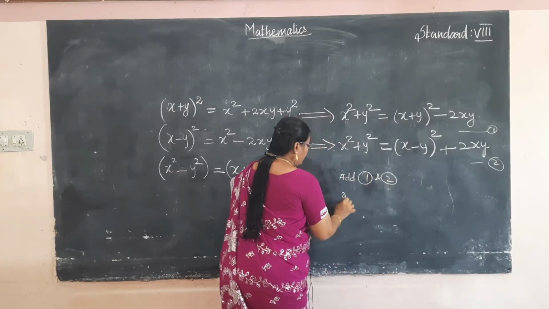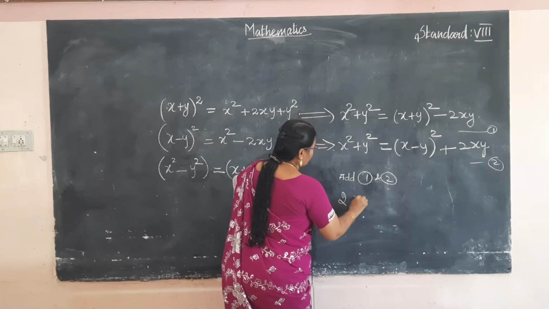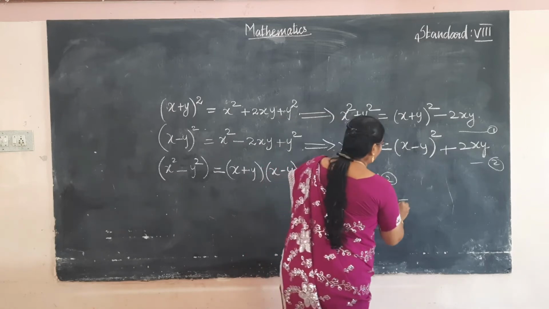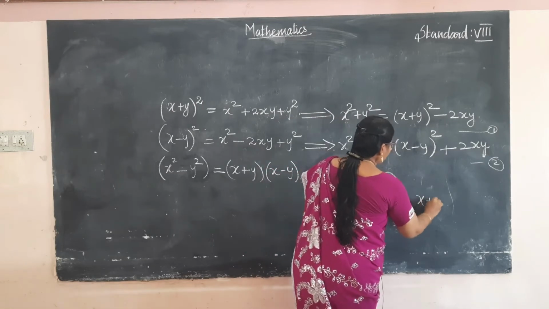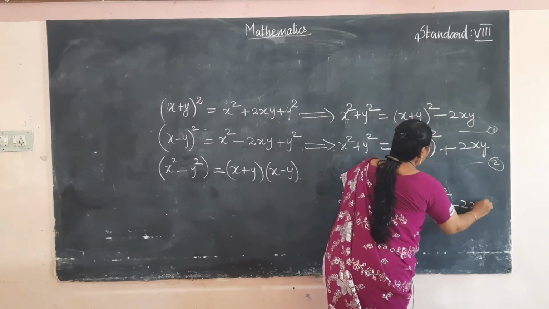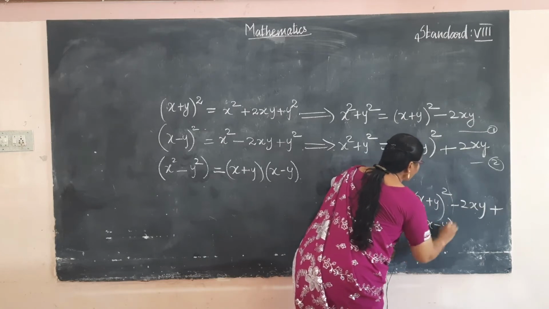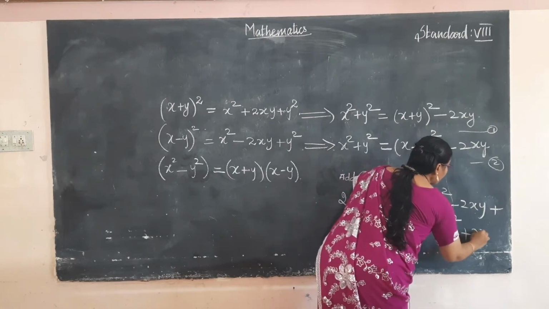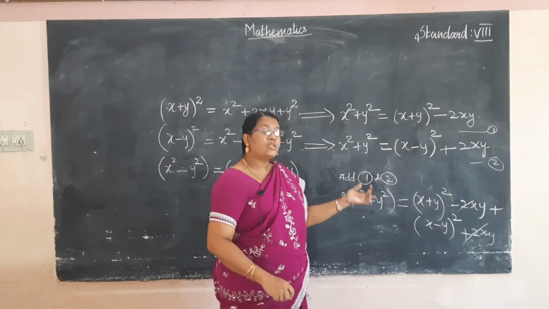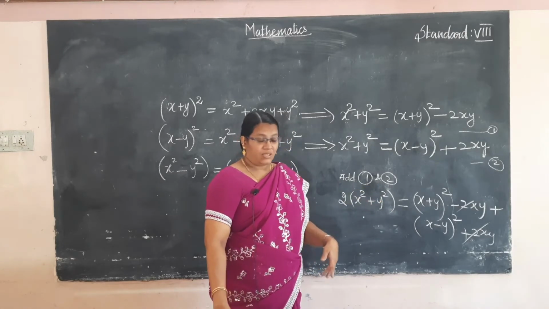What we get is 2 times x squared plus y squared equal to x plus y the whole square minus 2xy plus x minus y the whole square plus 2xy. These two terms will be cancelled because one is a negative sign and another is positive, the same variables, so they cancel.